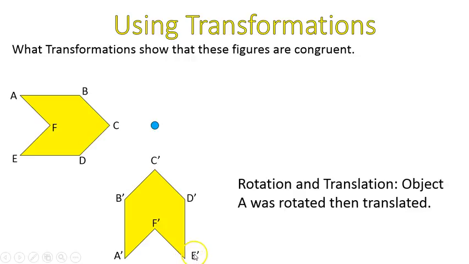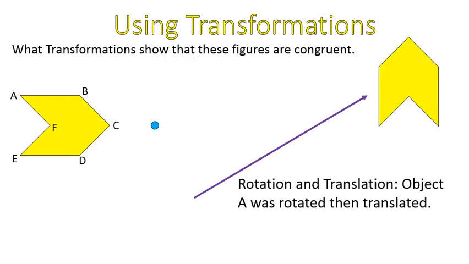E rotates down to E prime. And that's an important distinction. Now we can translate them by moving them over here, and we've got our new figure with all of its points the way that we had originally asked for. Those would be the transformations we would need to use to get them from there to there.